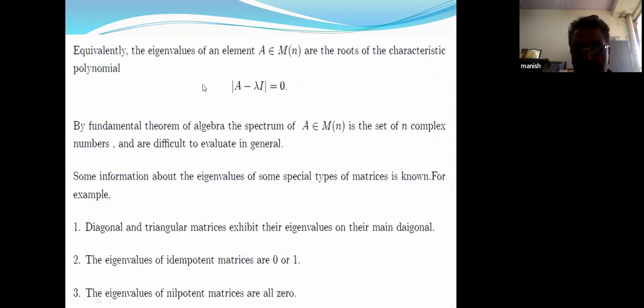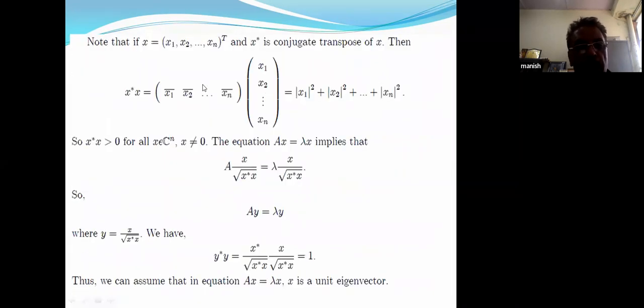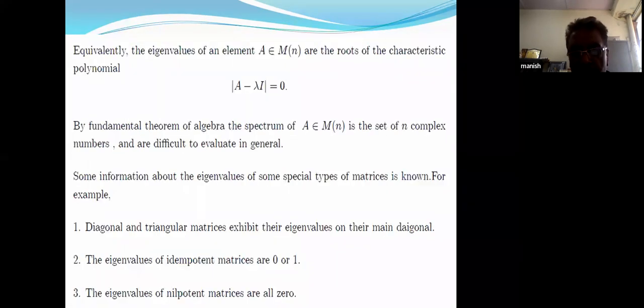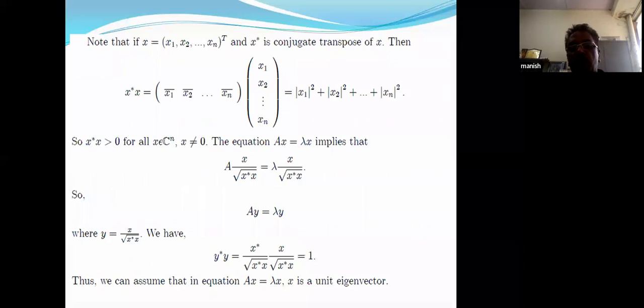Then x star x is (x1 conjugate, x2 conjugate, ..., xn conjugate) multiplied with this. We get |x1|^2 + |x2|^2 + ... + |xn|^2. Since x is not equal to 0, therefore this x star x is strictly greater than 0.